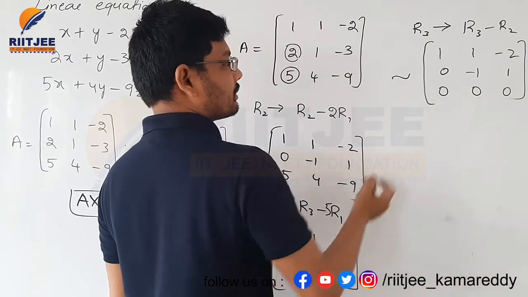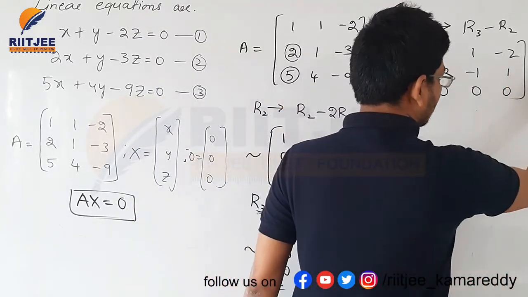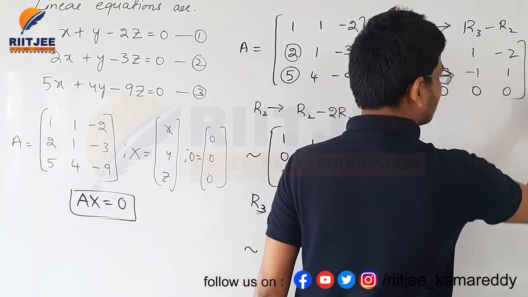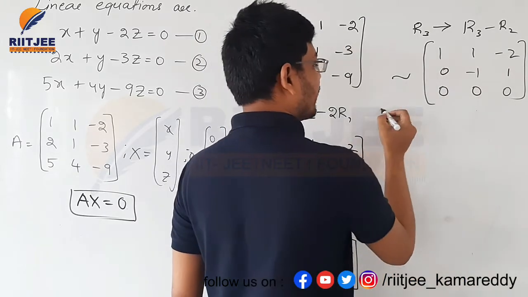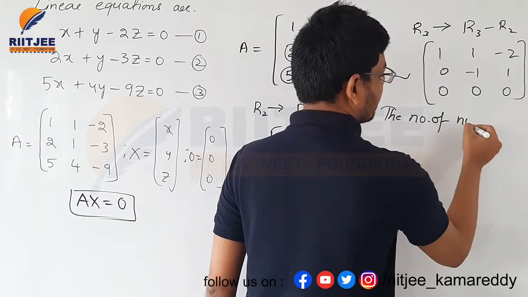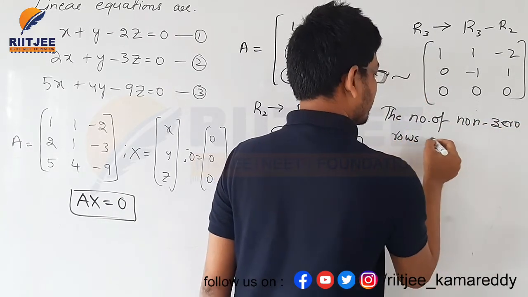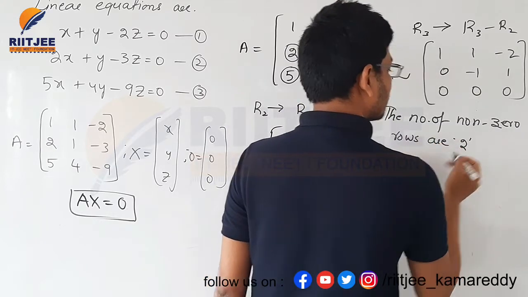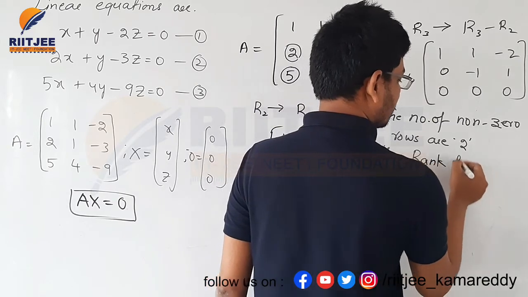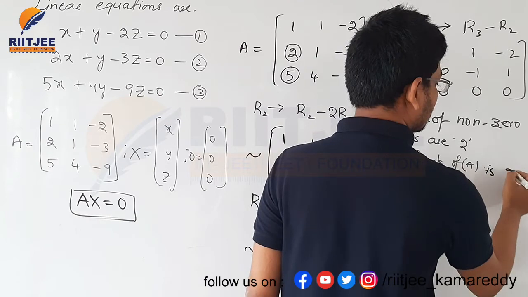Here if you observe this matrix, R1 is a non-zero row and R2 is a non-zero row. R3 is totally 0 here. That's why the number of non-zero rows is 2. Then the rank of A is 2.